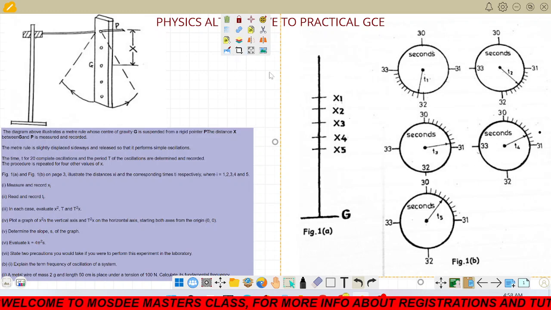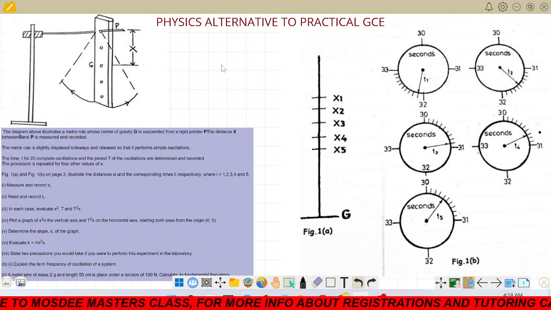Today we shall be considering the physics alternative to practical GC. And to understand this, you need to understand some instructions and information about these exams. Now, about physics alternative to practical, the truth is that you are not going to be performing any practicals.